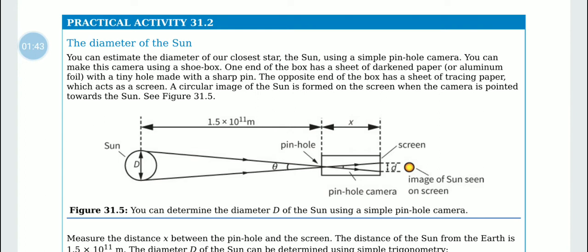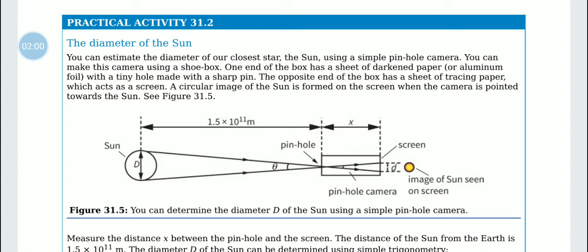This should usually be a movable screen. When light comes through the pinhole, an image of the sun would be seen on that screen.